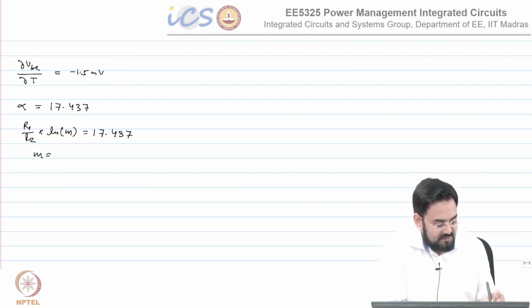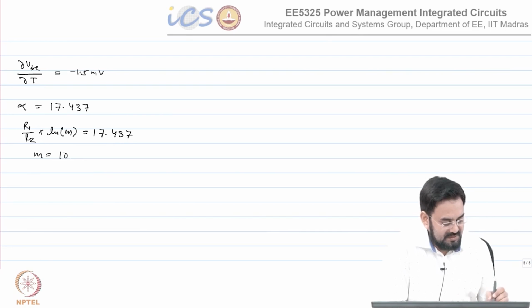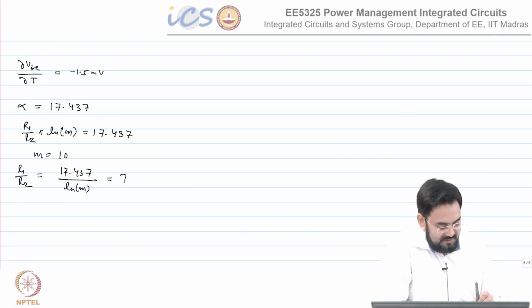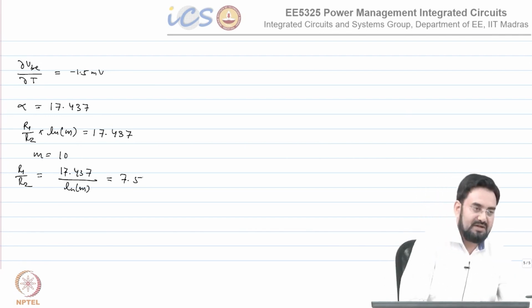If, let us say, m equal to 10, most of the time we keep it 10. So, how much is ln 10? 2.3. So, R1 by R2 should be 17.437 divided by ln m. How much? 7.5. So, this is the ratio you require.